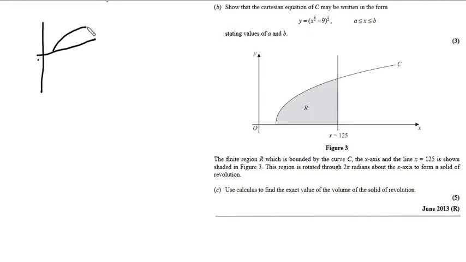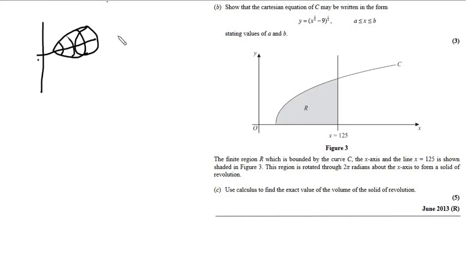And this is going to be rotated 360 degrees around the x-axis to form a solid that kind of resembles something like this. And so how do we find the volume of this solid?